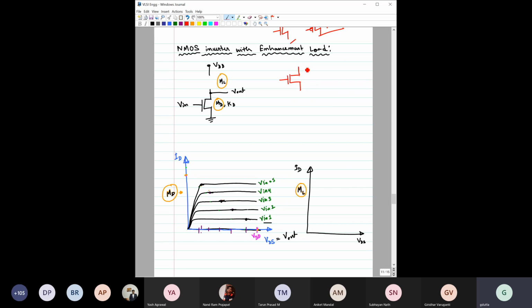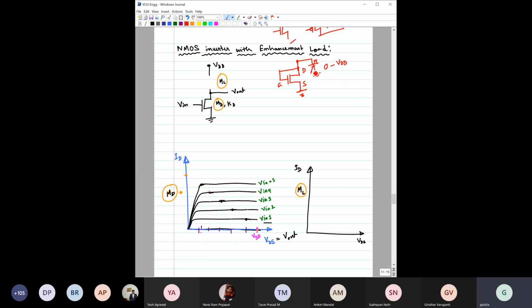So for this NMOS, suppose we connect these two terminals, this is gate to drain terminal. Okay, now say you have grounded the source and applied a voltage source which is changing from 0 to VDD.